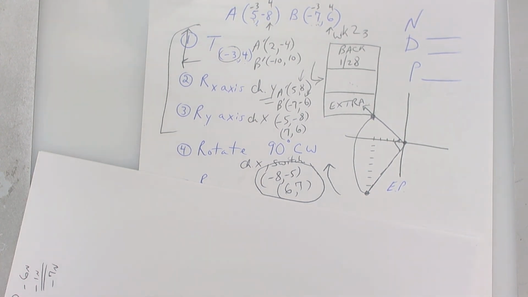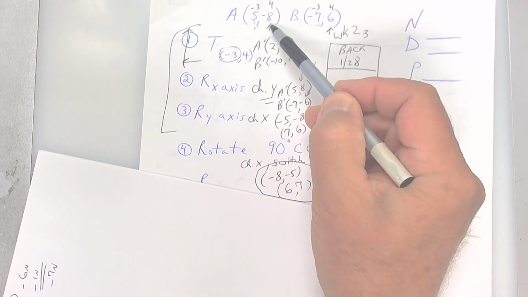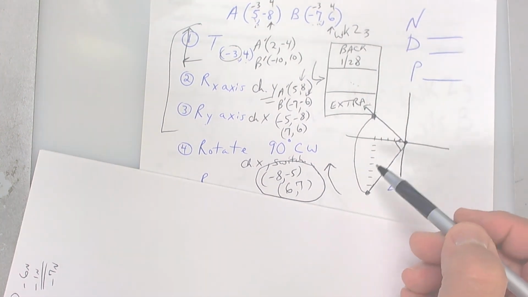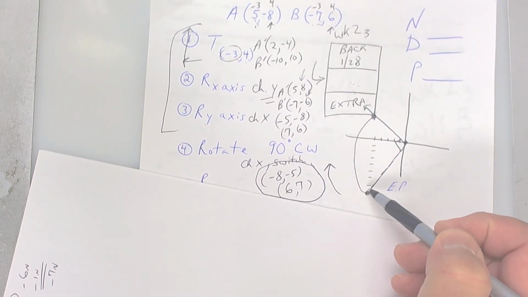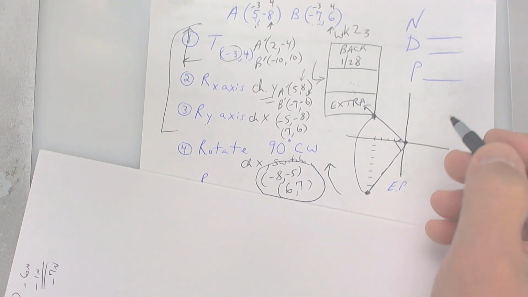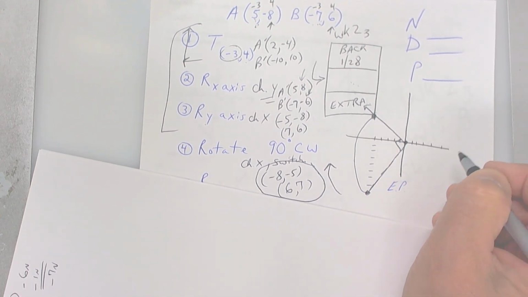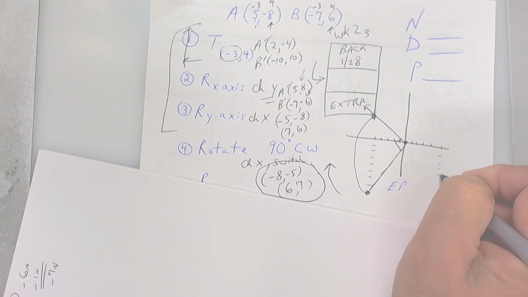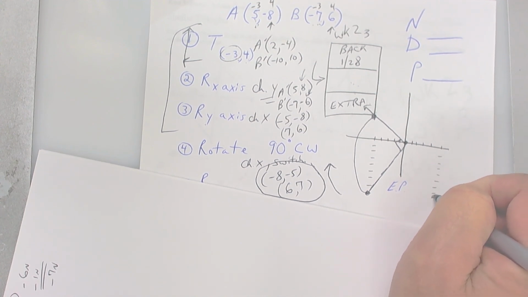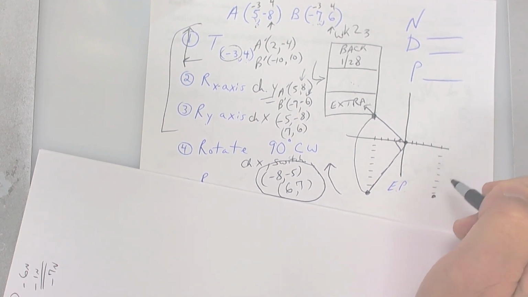All right, so now if you change the x and switch, let me make sure I had this point right. Actually, I didn't have this point right, did I? This point should have been over 5, so scratch that. 1, 2, 3, 4, 5, and then down 1, 2, 3, 4, 5, 6, 7, 8. Okay, now this is better.